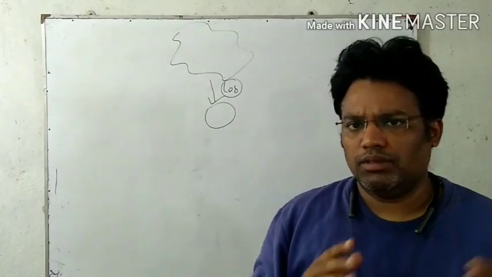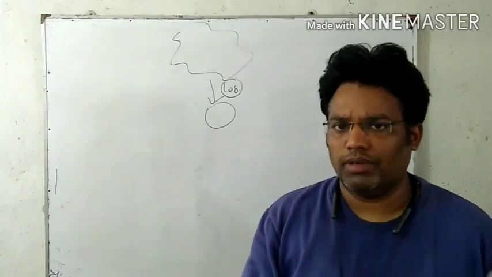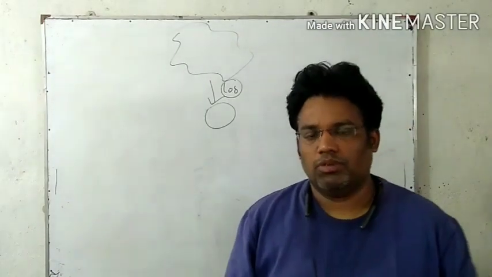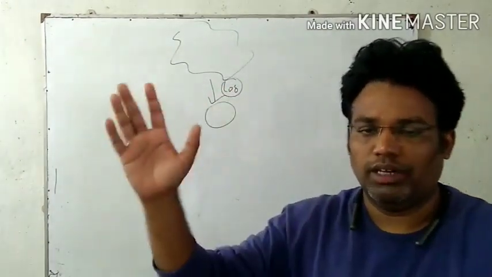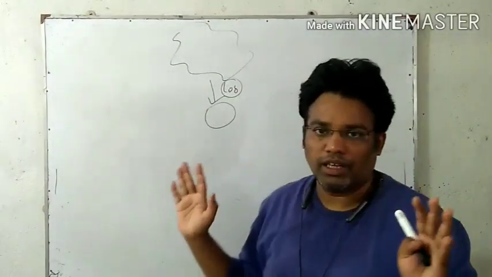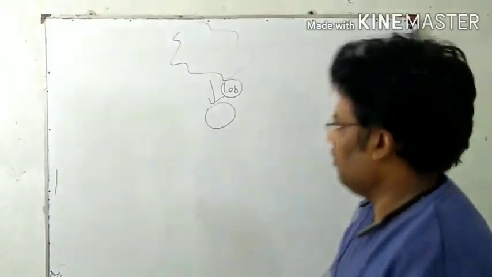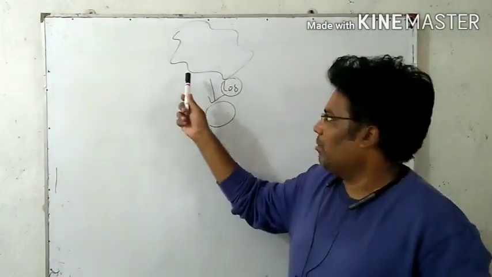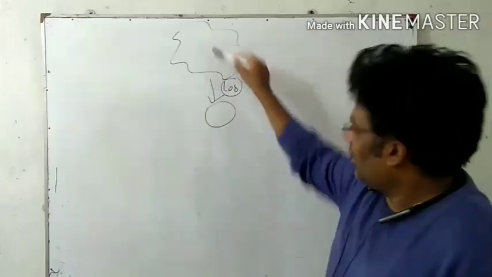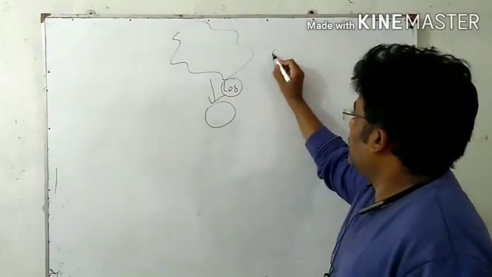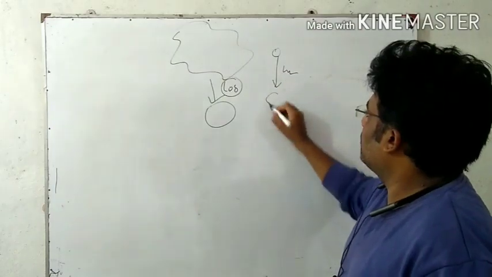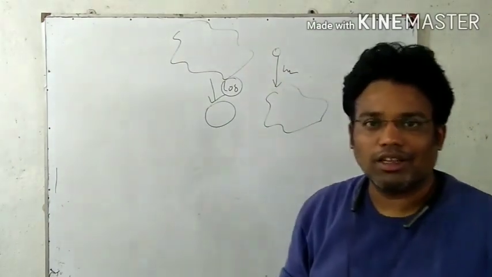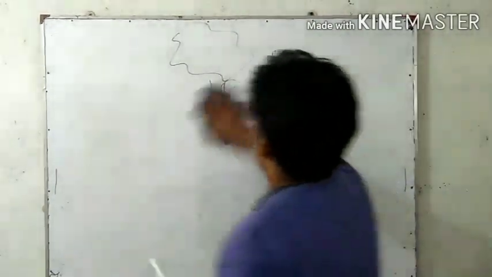Log has certain simple properties, and by using those properties we make the complex one into a simple one. That's the purpose of taking log. The interesting thing is, for a complex problem, if you take log, it becomes simple. For a simple problem, it becomes complex. Clear?